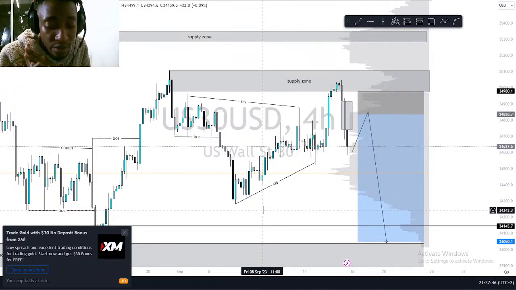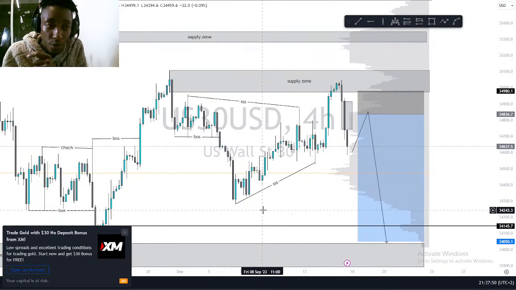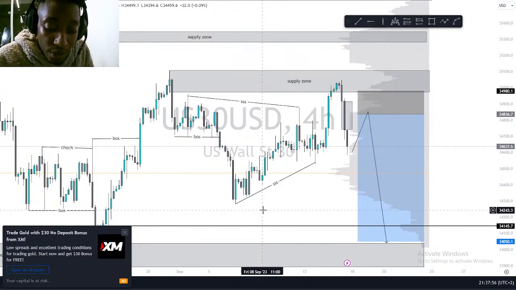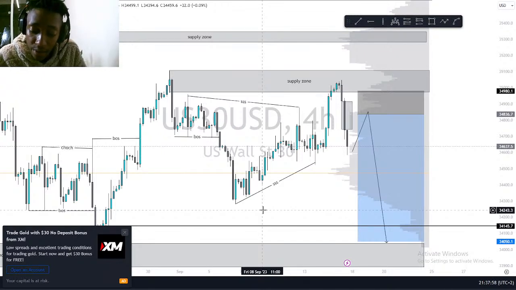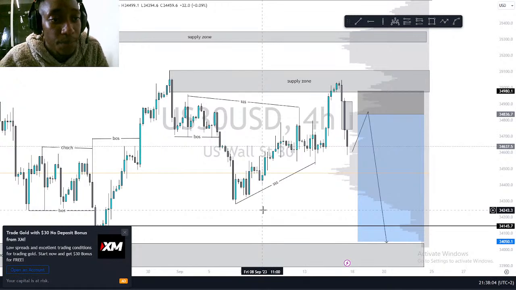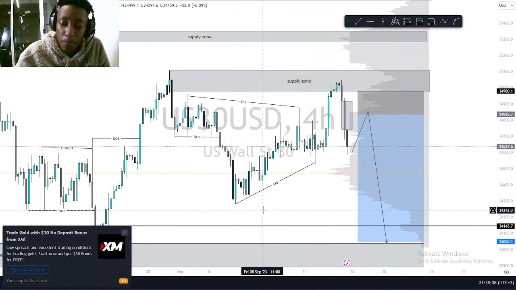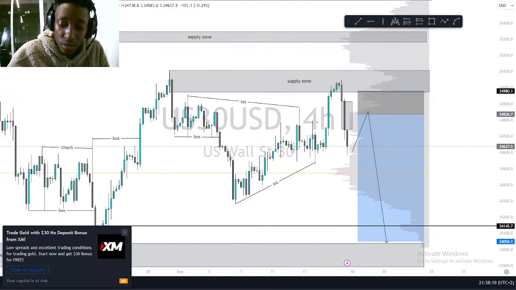So we are only focusing on these 3 pairs for today. What you are looking at on the screen is USDT, and now we are going to NASDAQ.